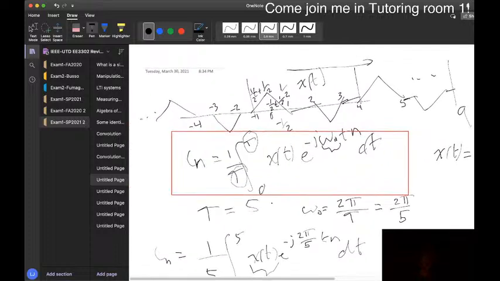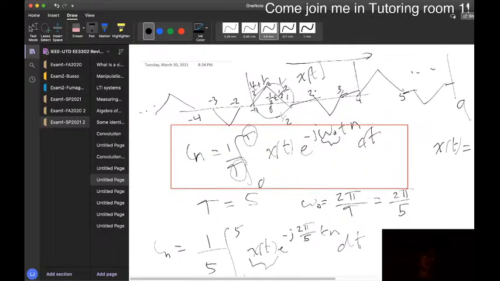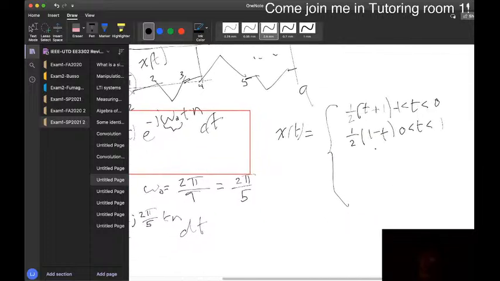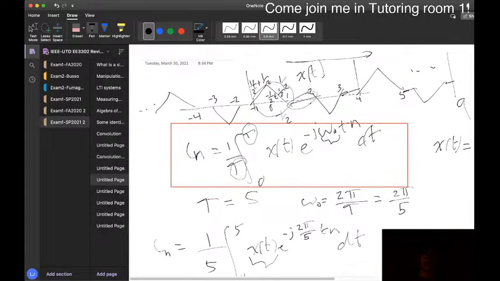Right, so that's this one over here, this main lobe. And then notice that it's 0 from 1 to 2. And so we've taken care of that one.